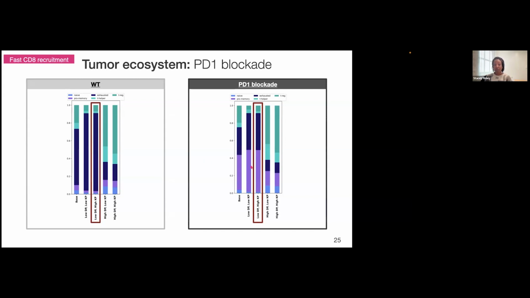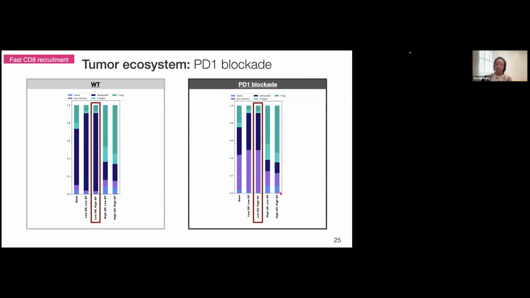Now on the right-hand side, when we simulate that PD-1 blockade, you see there are a lot more pro-memory T cells compared to exhausted T cells. And we see that for other combinations of the parameter values as well.